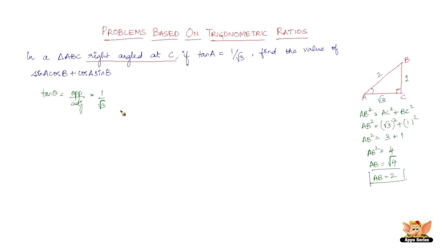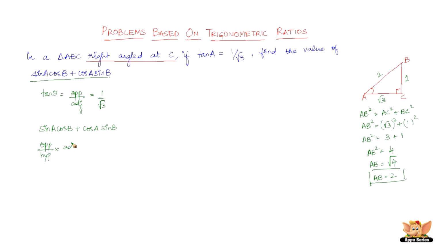So we found that out. Now we can easily solve the value of this equation. All we need to do is write this down again, which is sin A cos B plus cos A sin B. Sin A is opposite by hypotenuse.